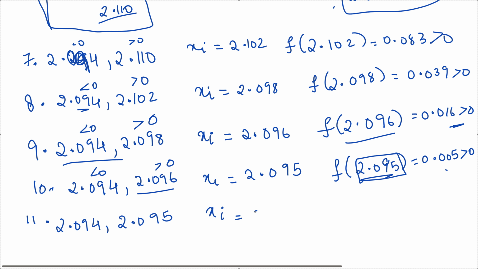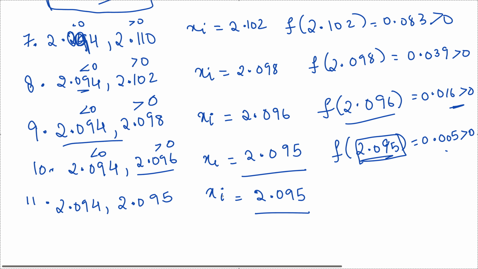So what is the value of it? The value of it is, I think, approximately 2.095. So when we are getting the same value approximately, correcting to 3 decimals, because in this question it was 3 decimals, we can tell that this itself is our answer.